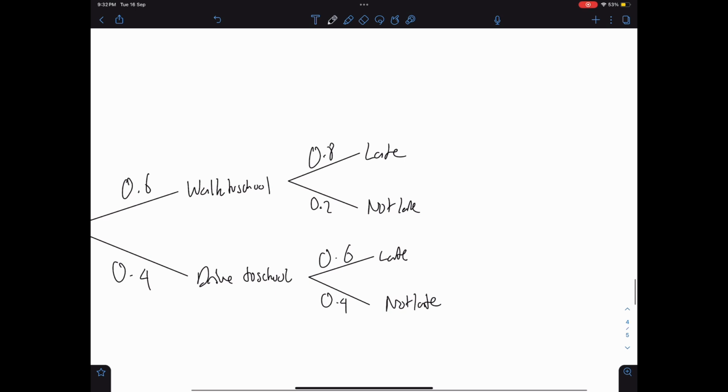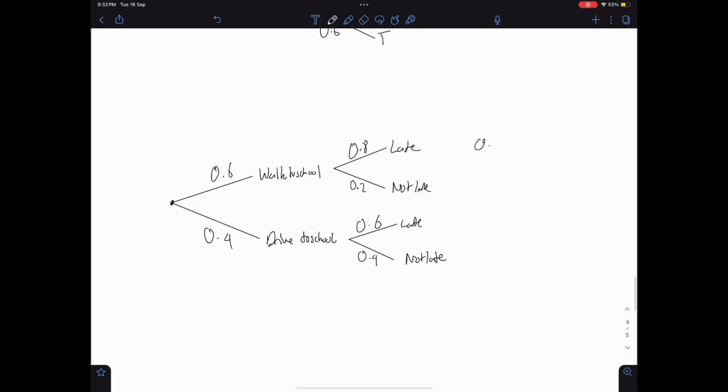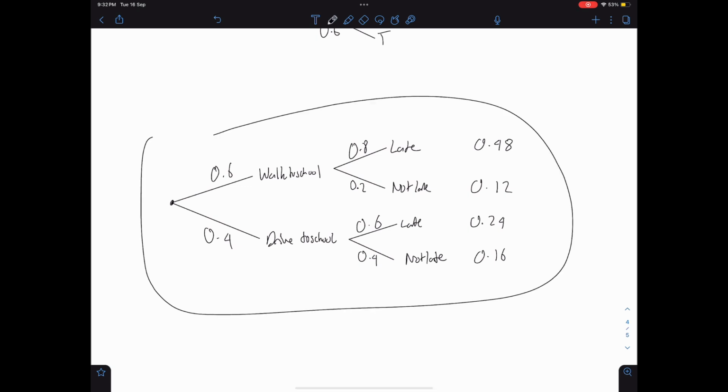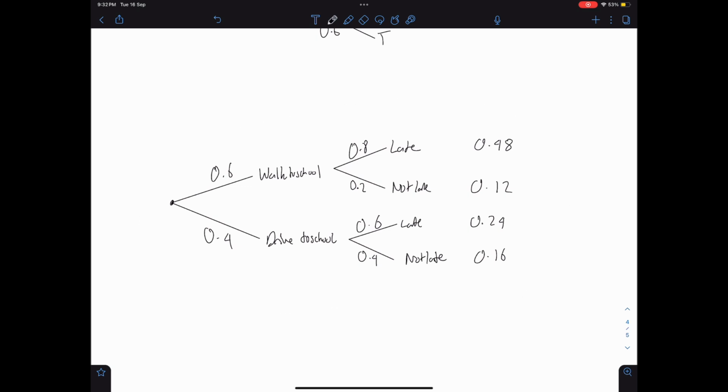Now, given that, what's the probability of being late and not late? And then we can add the probability at the end of the branch. Like that.